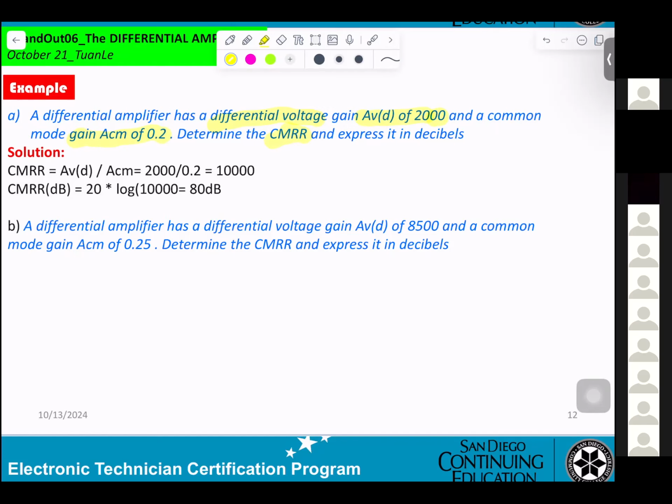This is not hard to do. First, calculate CMRR equals AVD divided by ACM, differential voltage gain over common mode gain. You take 2000 divided by 0.2, you get 1000.